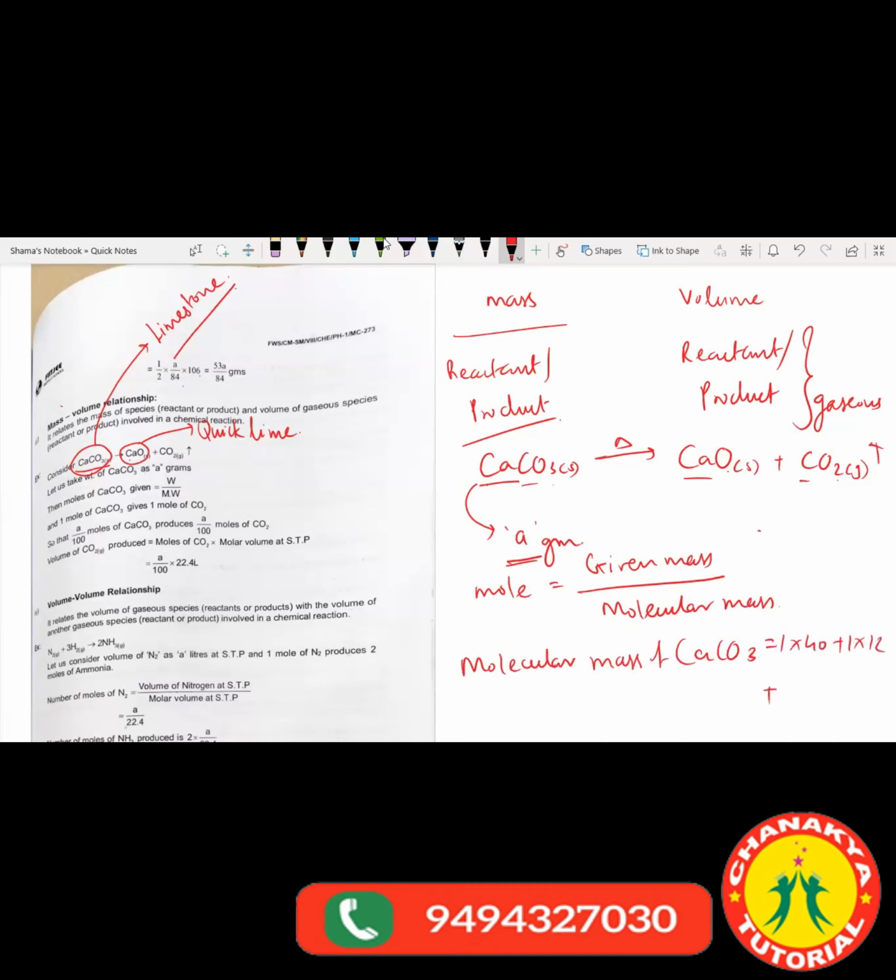And oxygen, 3 atoms multiplied by 16 because atomic mass of oxygen is 16. I guess it would be 100, right? Yes, ma'am. AMU. And when you express it in terms of gram, it becomes 100 gram, and you have to say it gram molar mass. And when given mass is divided by gram molecular mass or gram molar mass, you will get the number of moles. Correct? Yes, ma'am.